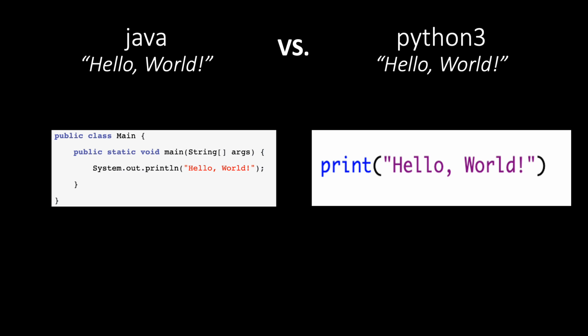Java, on the other hand, is something called an object-oriented language. You'll see this abbreviated as OOP. It's really developed to build large applications that are going to run across different platforms, and it's really focused on these object-oriented languages. We'll talk more about what objects are in a different video, but for now all you need to know is they're very different types of languages and they have different purposes.